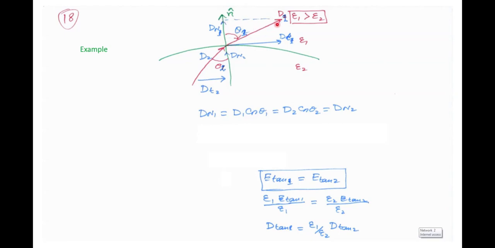Consider this triangle. So Dt1 is equal to the total D1 field magnitude times sine theta 1. Similarly, consider this triangle.